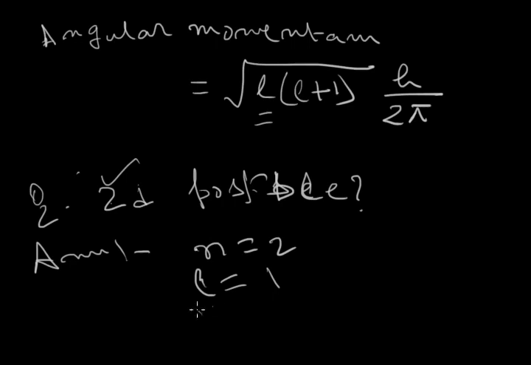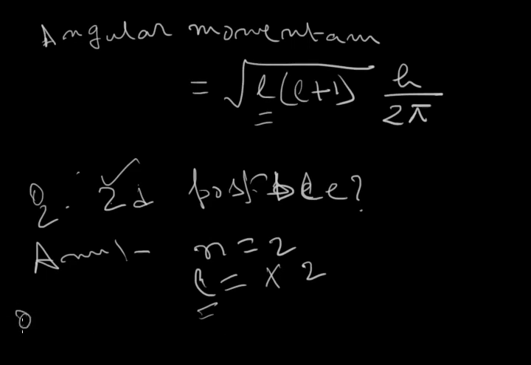Now we know that the value of L is always less than n. If the principal energy level is 2, the azimuthal quantum number cannot be 2. So the 2d sub-energy level is not possible.